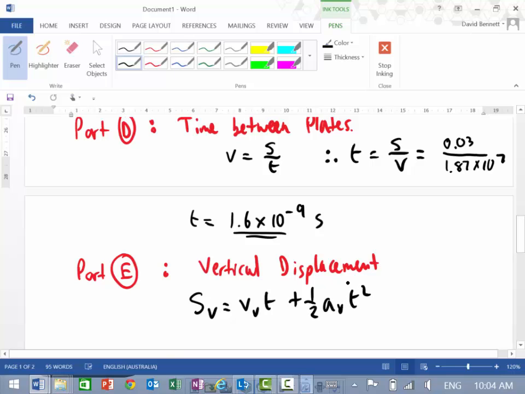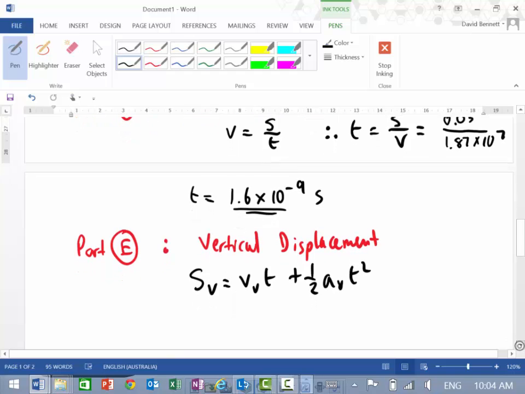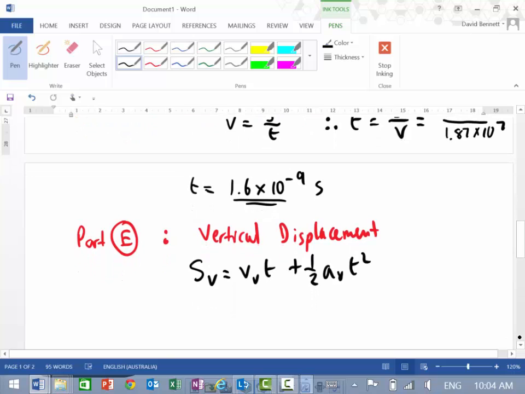We've already done a whole heap of work in projectile motion, so this is the same thing. Now, our vertical velocity when it came through was equal to 0. It came in horizontally, so that term goes out. You're not having to worry about that.